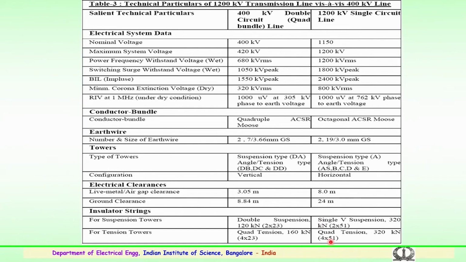So, for tension, 4 conductors of 160 kilonewtons with 23 insulators, that is 4 into 23 parallel strings consisting of 23 insulators, are employed. For 1200 kV it is 4 into 51. So, 204 insulators in one quadruple string of 1200 kV.